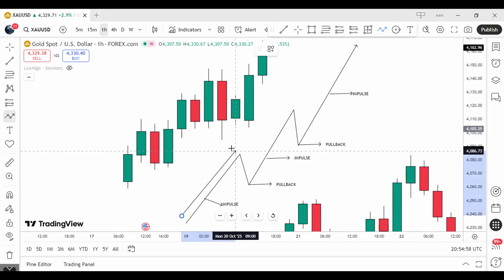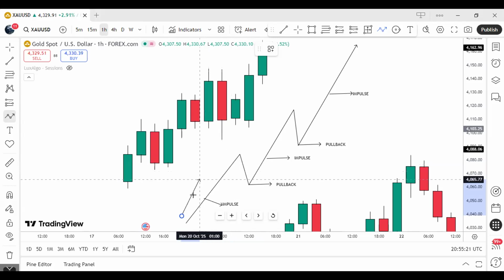Because there are more buyers in the market than sellers. So the impulse to the upside will be greater than to the downside. The downside will just serve as a pullback, because in an uptrend, buyers are the ones in control. So this is what impulse and pullback mean.